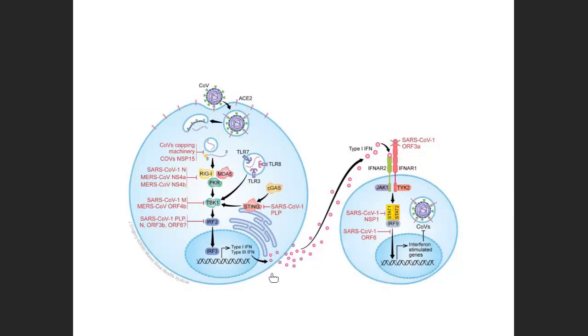At the same time, the infected cell will produce interferon, which gets the next cell to start producing proteins to inhibit the viral particle. You see, all these are being produced, blocking the virus.